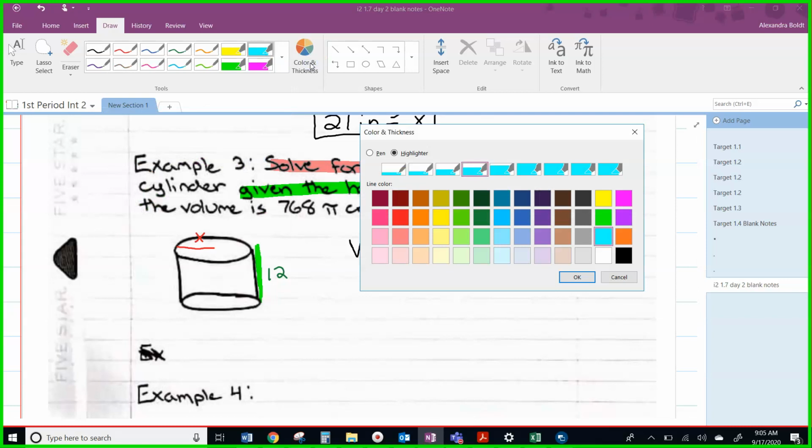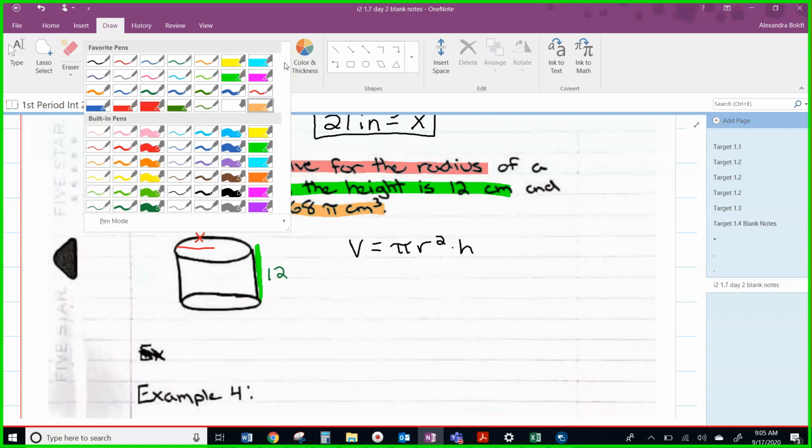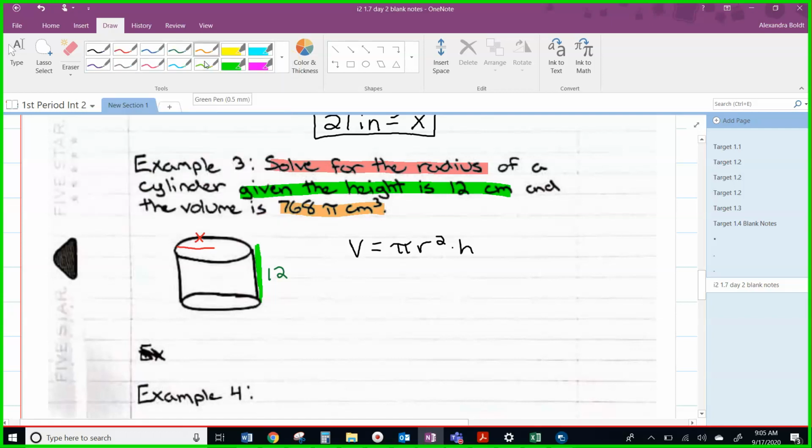Yes, the volume is 768 pi centimeters cubed. So I'll just put 768 pi. We don't necessarily need the units, right, when we're doing the math, so you can kind of leave them off.